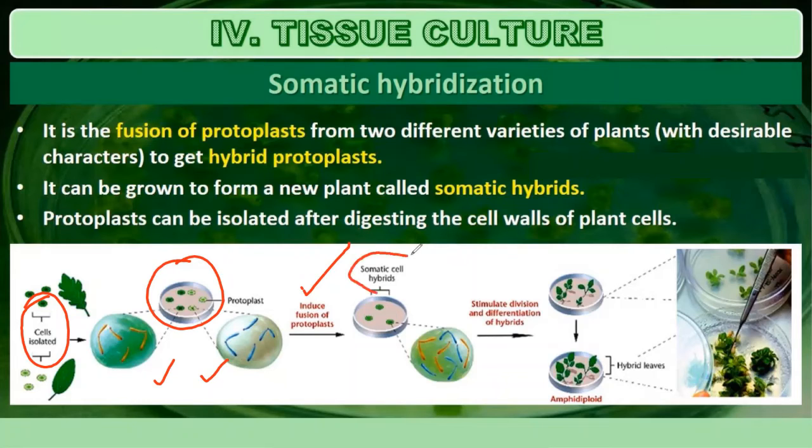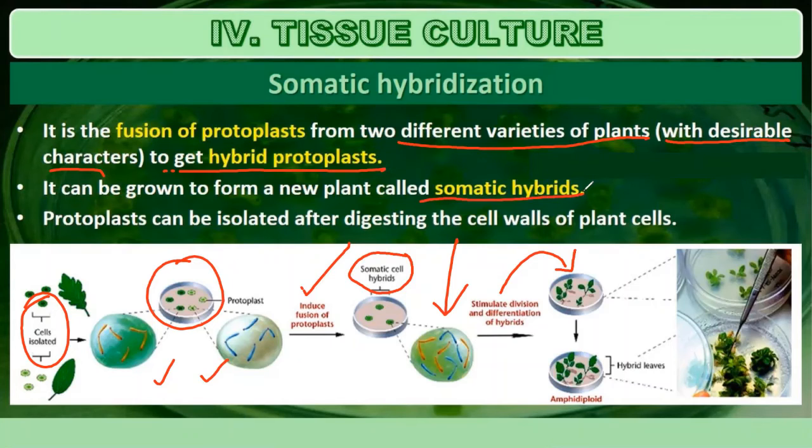It will give a somatic hybrid containing genes and chromosomes from both the plants, and finally that plant is allowed to grow. So it is a fusion of protoplasts from two different varieties of plants with desirable characters to get a hybrid protoplast. It can be grown to form a new plant called a somatic hybrid. Protoplasts can be isolated after digesting the cell walls of plant cells.